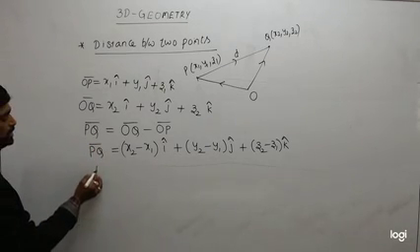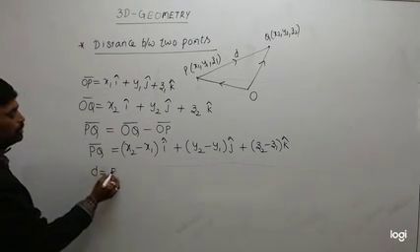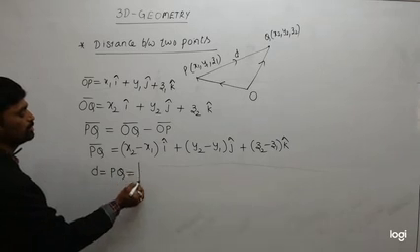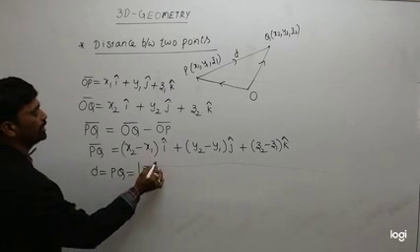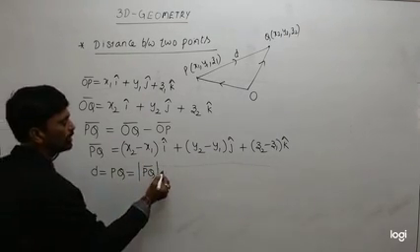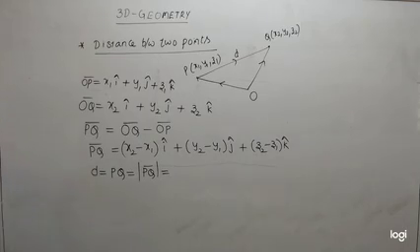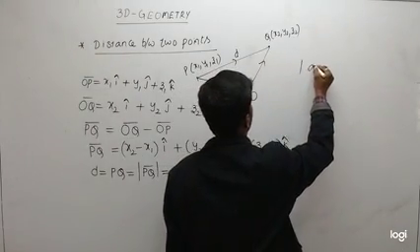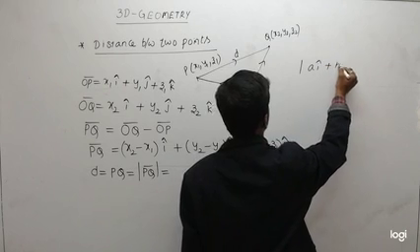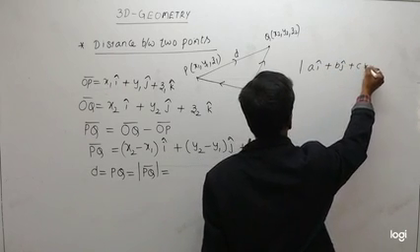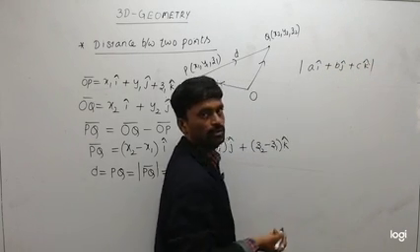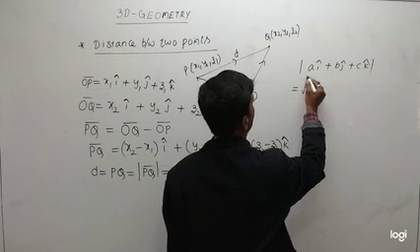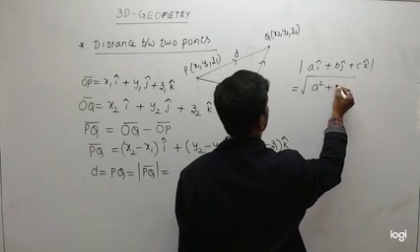So next, d is equal to the distance between P and Q, which is equal to the magnitude of the vector PQ bar. So how to find the magnitude of the vector PQ bar? What is the magnitude of the vector a i cap plus b j cap plus c k cap? Have you learned? Square root of a square plus b square plus c square.